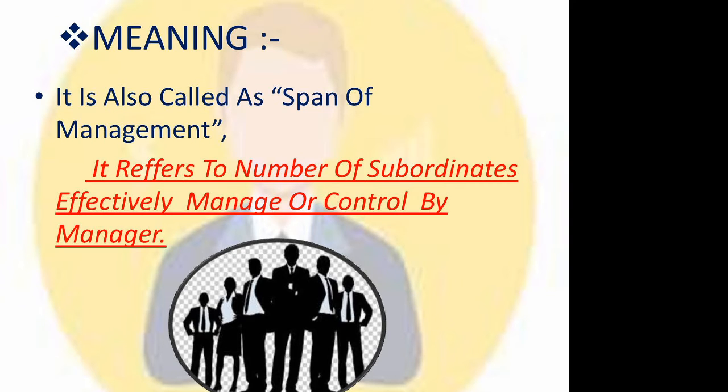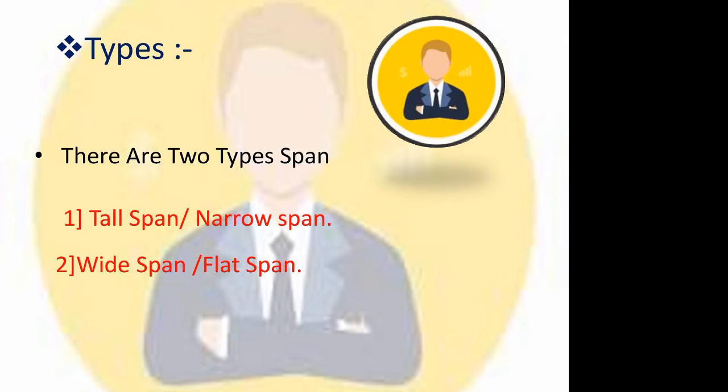This is called the span of control, and there are two types in that span of control. One is narrow span, and the other one is wide span. Tall span, that is, tall span or narrow span, wide span or flat span. These are the two types of span of control we will be studying here.